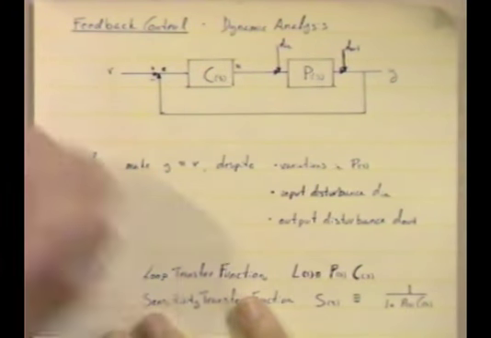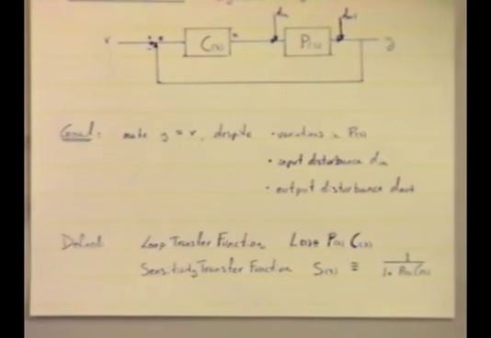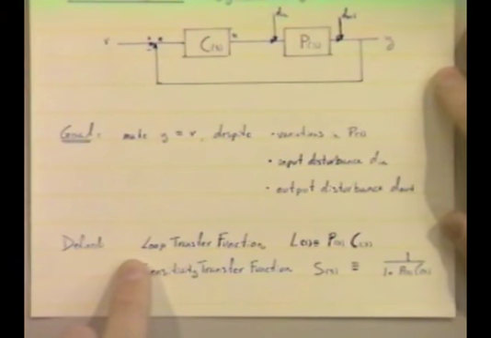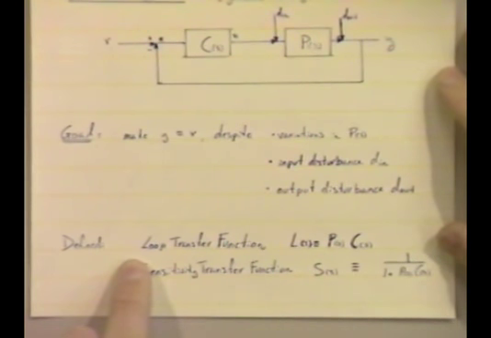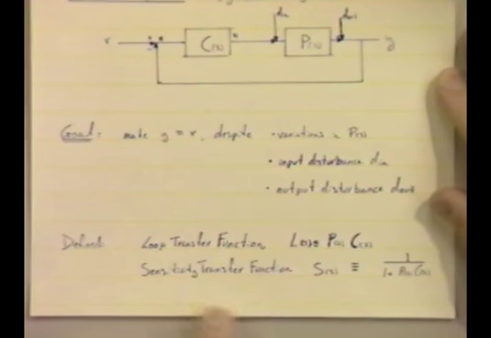Okay, so in the course of the analysis, we arrived at two definitions. The first of which was the loop transfer function, which was the dynamic case generalization of the loop gain for the static case. And we also defined the sensitivity transfer function given by 1/(1+PC). Okay?